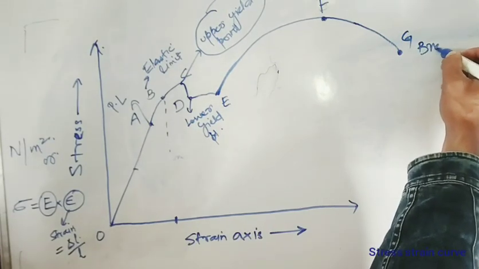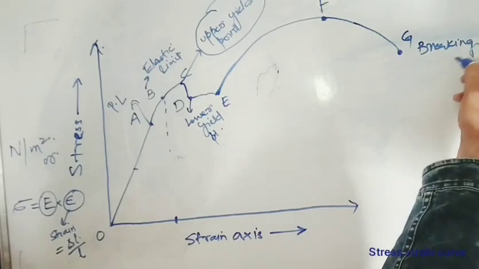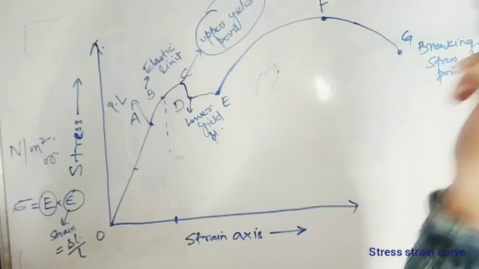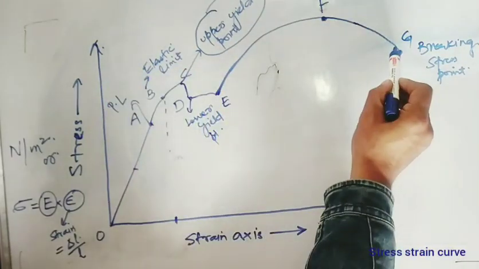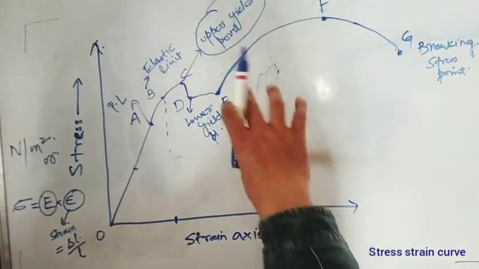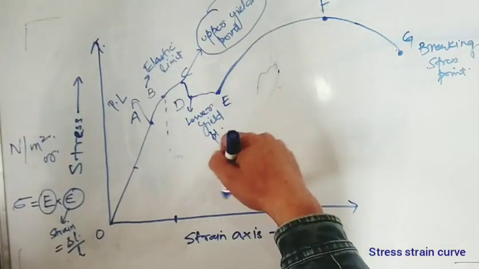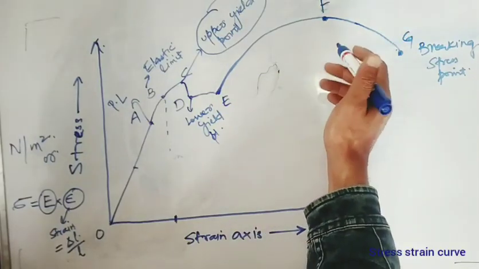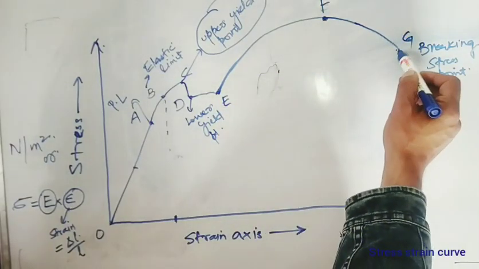This is breaking stress point. So this is your breaking stress point. See, this is how this mild steel specimen behaves under variation of stresses.